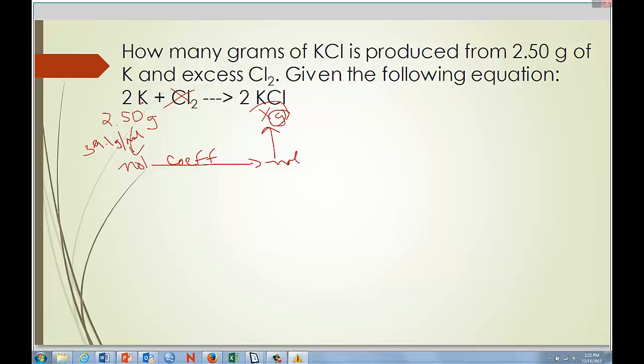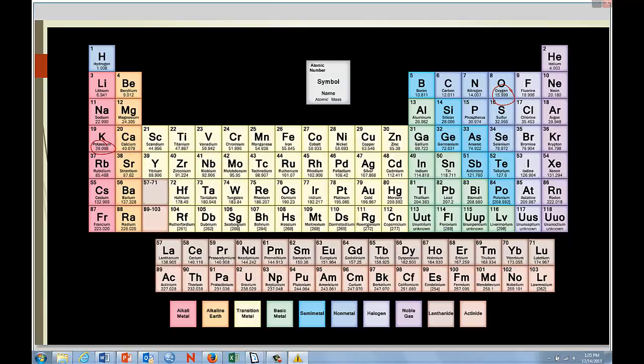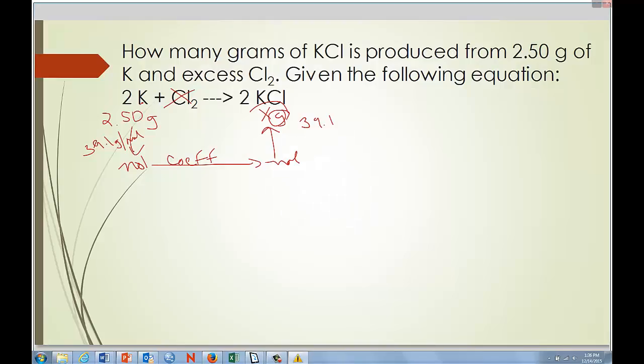We know that K is 39.1. Cl is right here, 35.453, which can be rounded up to 35.5. Add those together and it becomes 74.6 grams per mole.